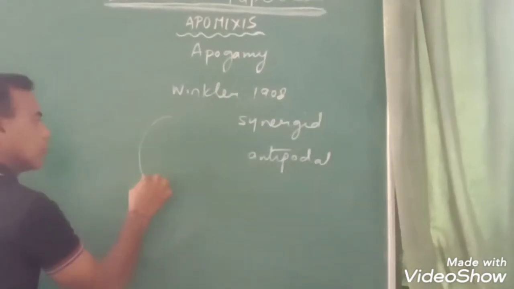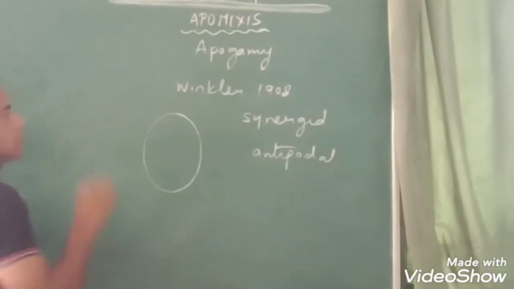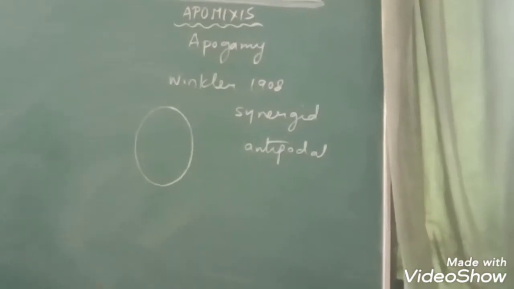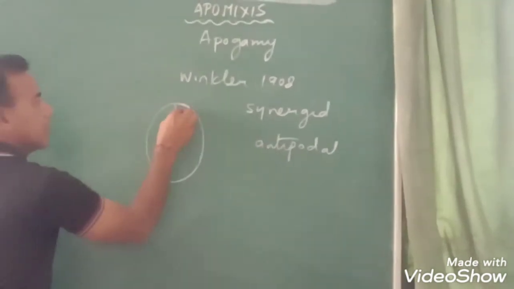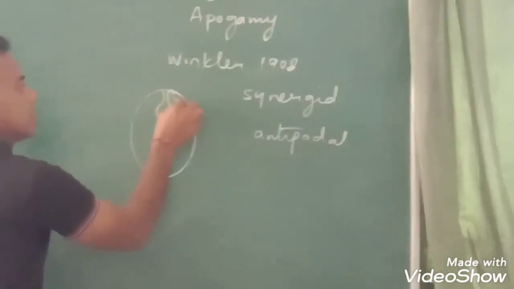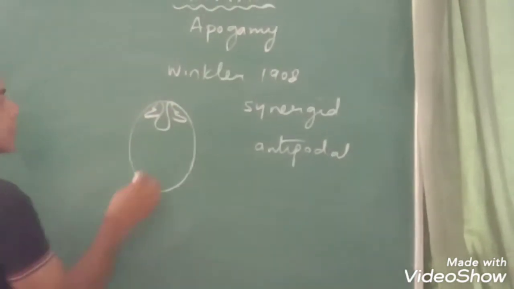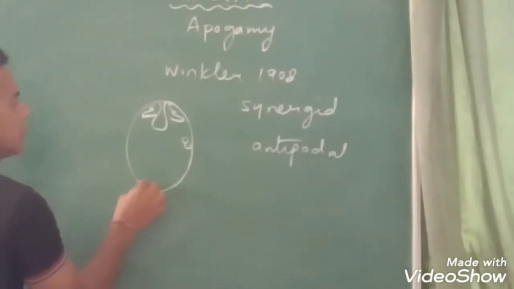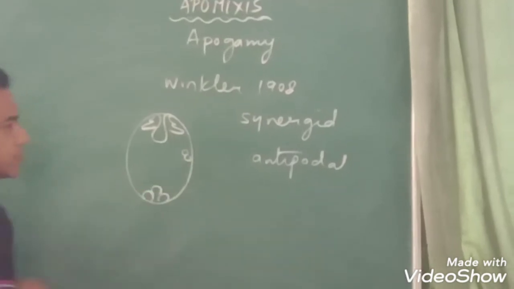We all know very well that an embryo sac has an egg, two synergids, polar nuclei and antipodals.